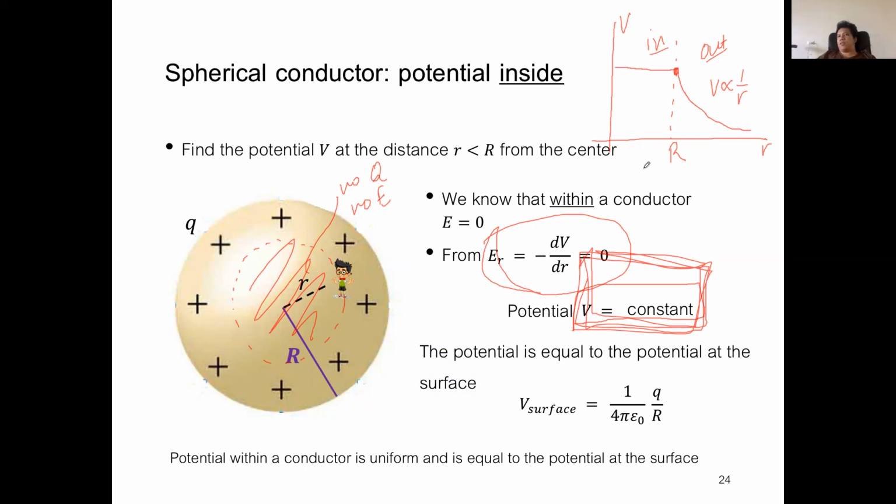So V surface equals V in, and equals the constant kq over big R. When the potential inside is constant, it is just equal to kq over big R. This is for the spherical conductor.